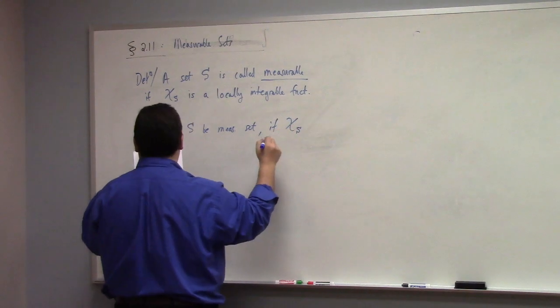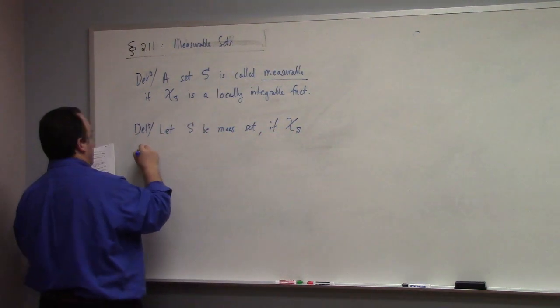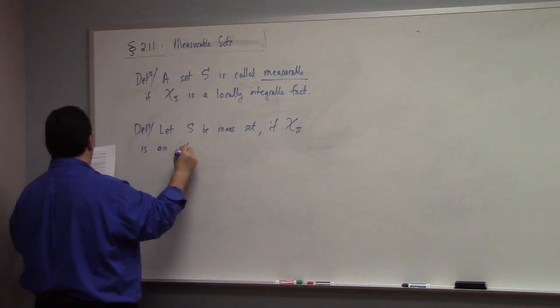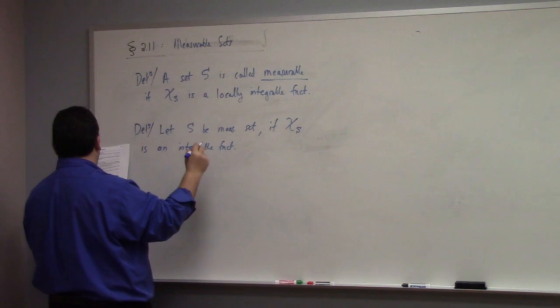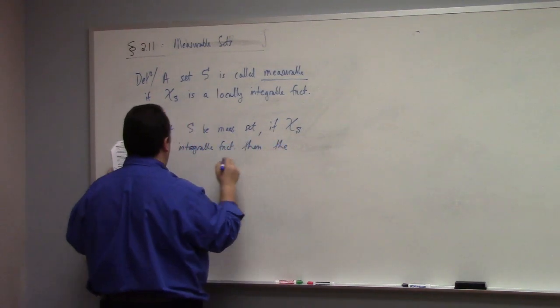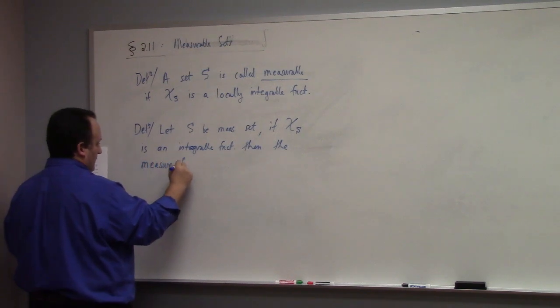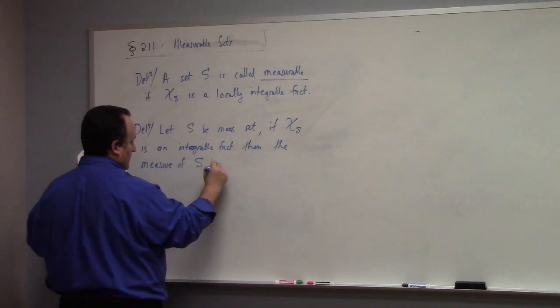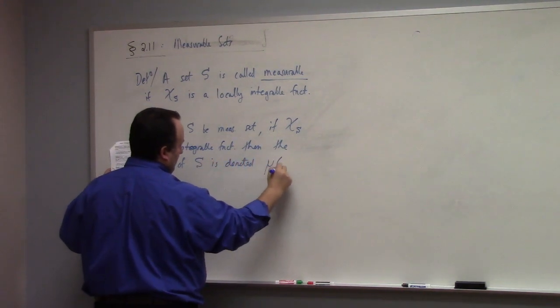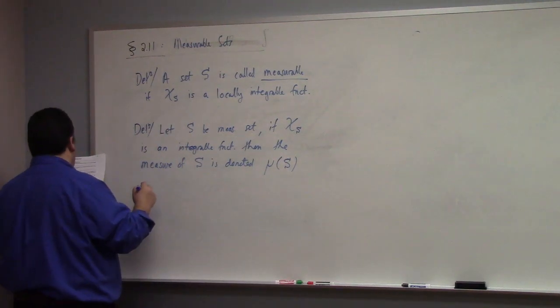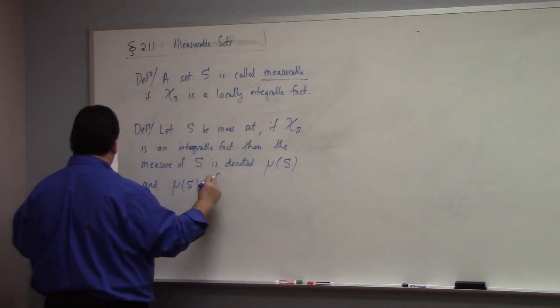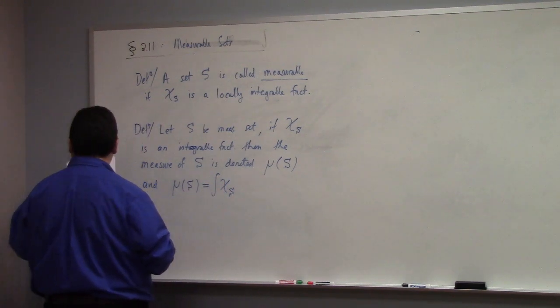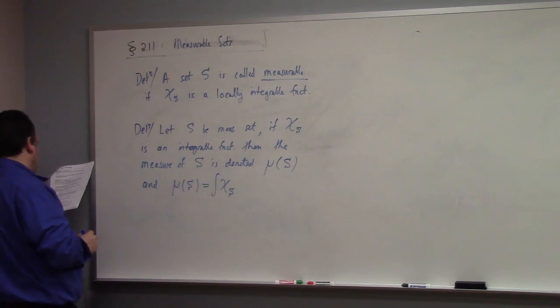If the characteristic function of S is an integrable function, then the measure of S is denoted mu of S, and it's defined to be the integral of the characteristic function of S. And if the characteristic function is not integrable, then we define the measure of S to be infinity.